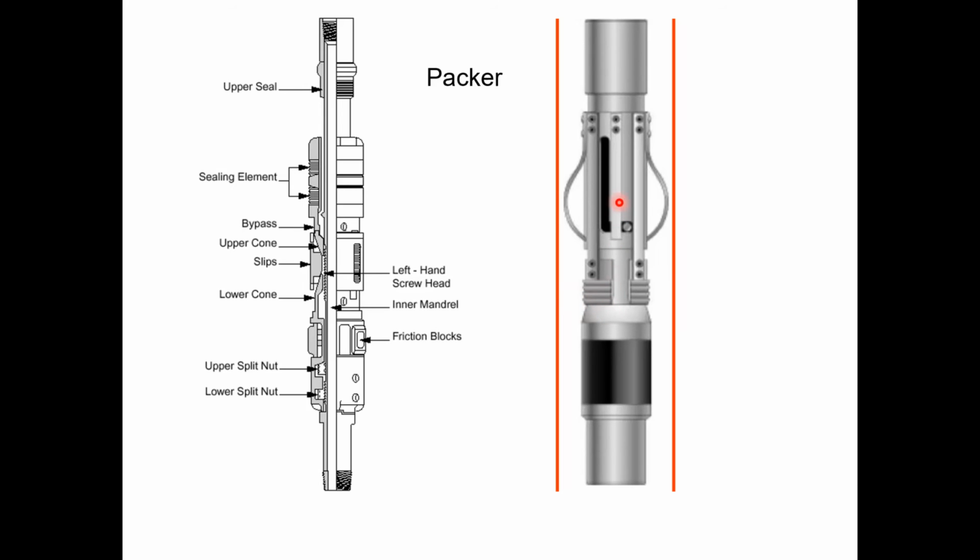Now the packer mechanically cannot move upward. It can move downward, because if it's moved downward, then these slips will come out, and then it can unseat the packer.